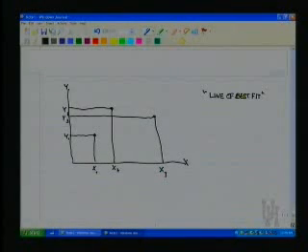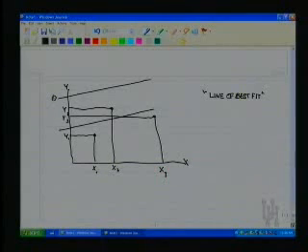Let me ask you, if I draw 2 straight lines, line 1 and line 2. Does one of these 2 lines describe the data set better than the other?